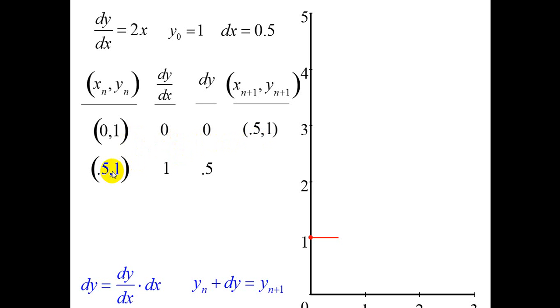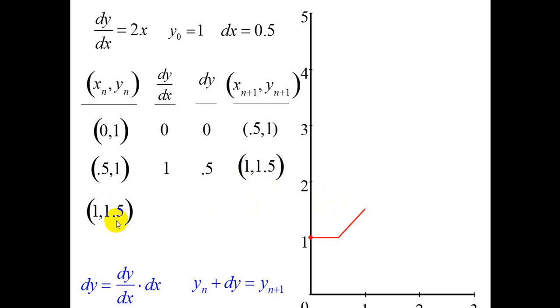In the next step, we substitute the corresponding values x1 and y1 to find x2 and y2: x2 is 1, y2 is 1.5.